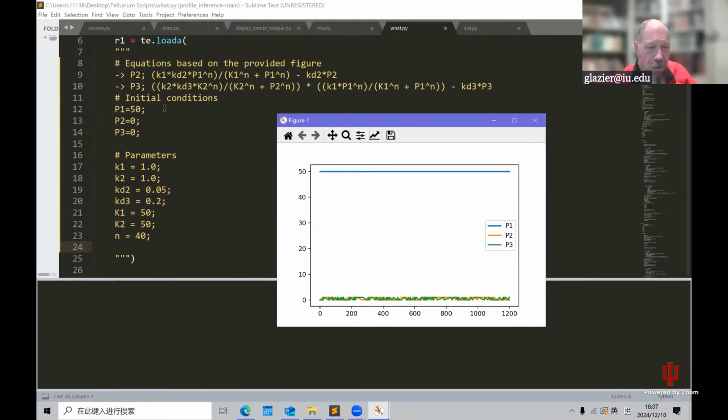So the issue there is that, what is the problem with that? Oh, the issue there is the K1 and K2 probably need to be rescaled too. So you probably need to multiply K1 and K2 by 50.